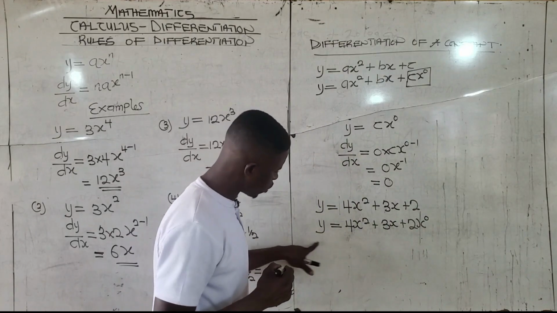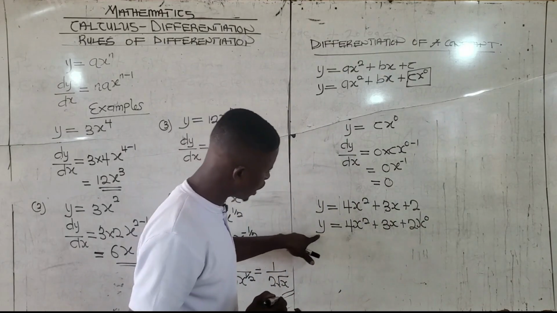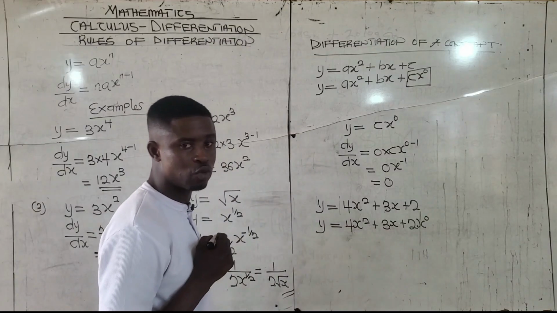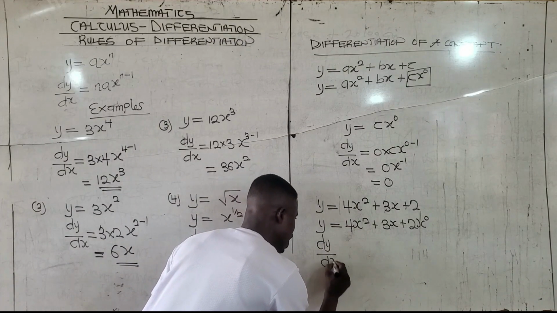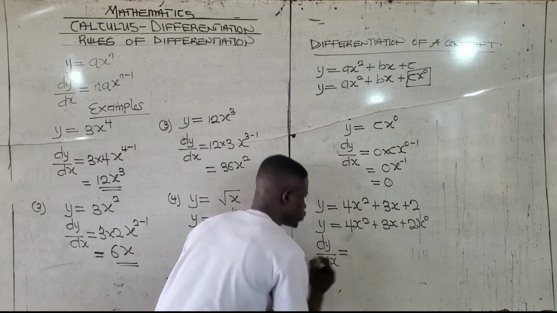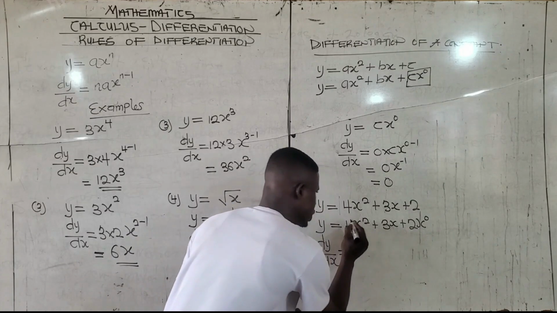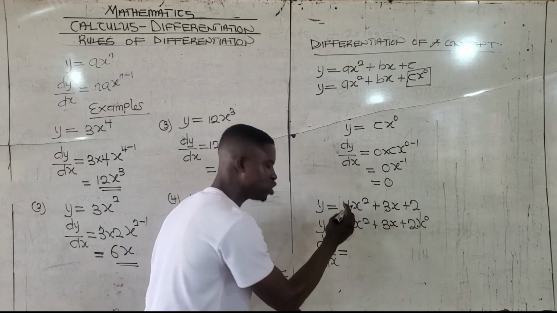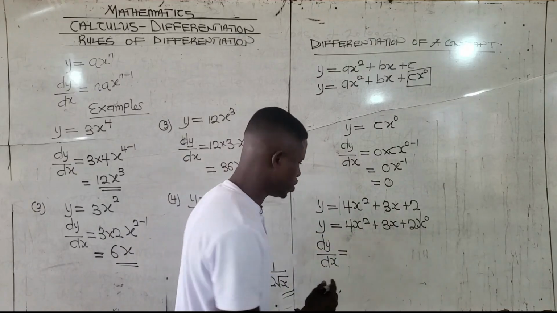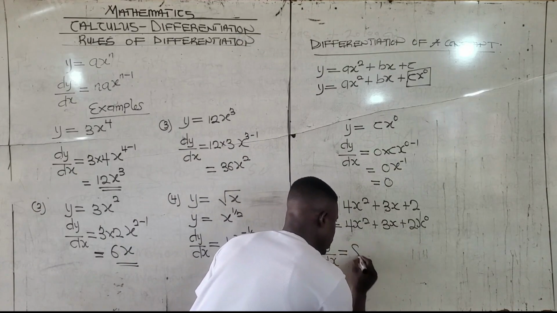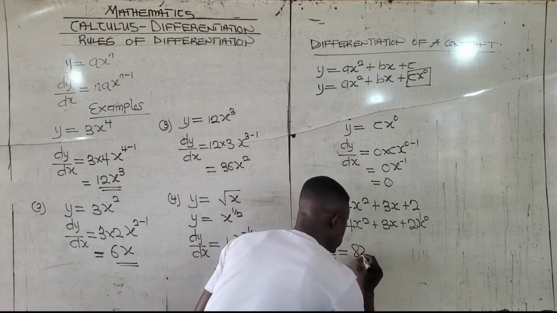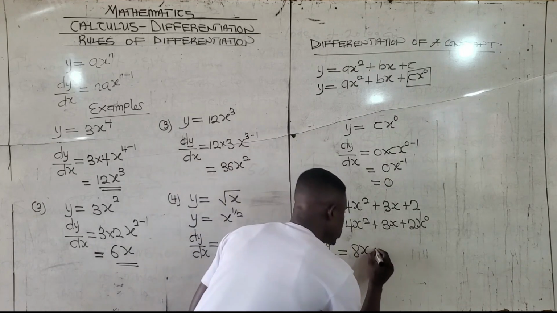So if you are asked to find dy over dx, or to differentiate this equation, then you are going to have dy over dx equals the 2 multiplied by the 4, then the exponent of the x reduces by 1. So you are going to have 4 times 2 will give us 8. Then the x is reduced by 1, okay?